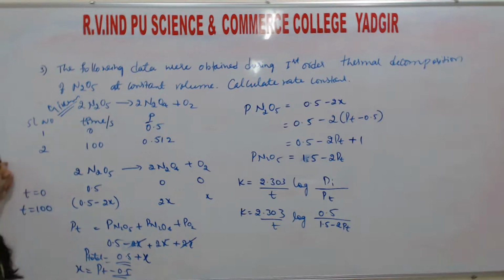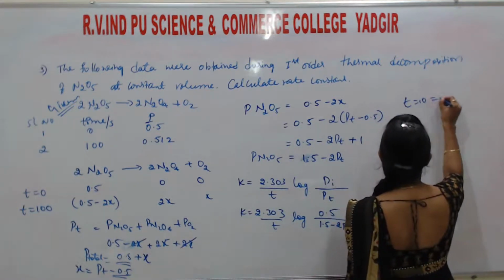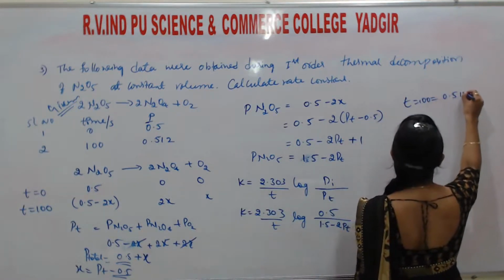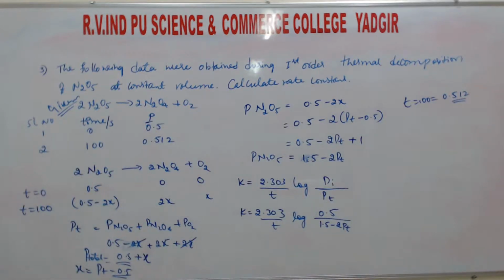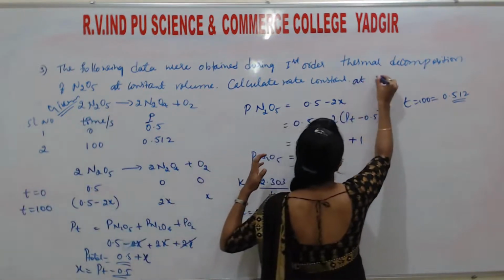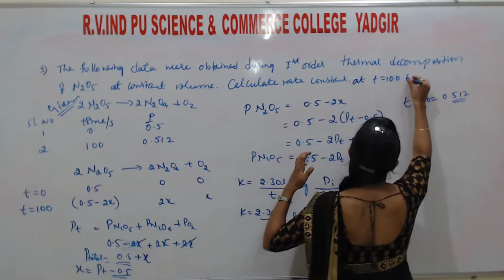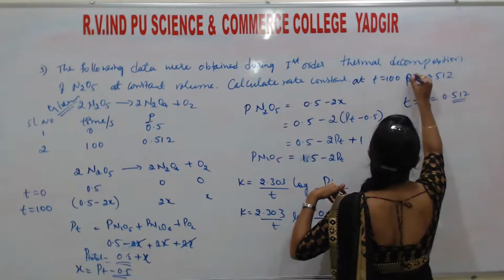Another one they have given: at time t is equal to 100, the pressure is 0.512. That is the given value, right? So students, in the question you take t is equal to 100 seconds, pressure is equal to 0.512.